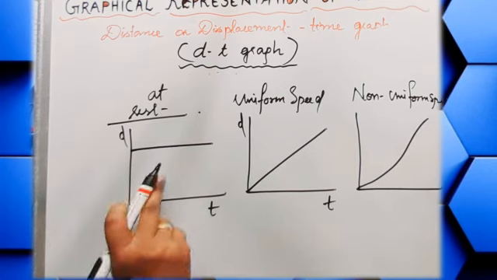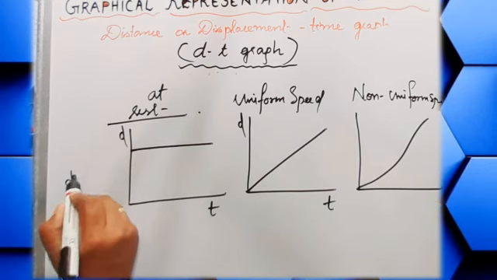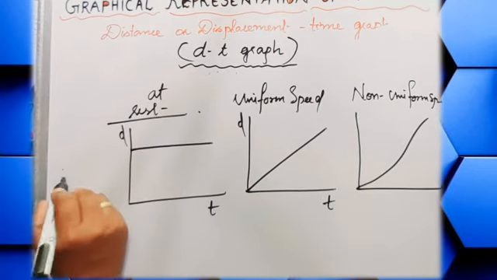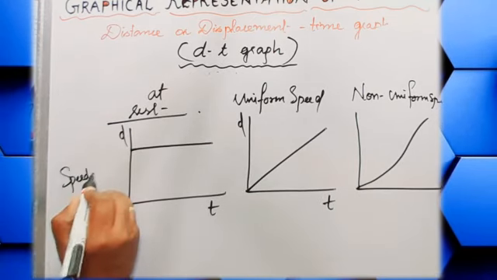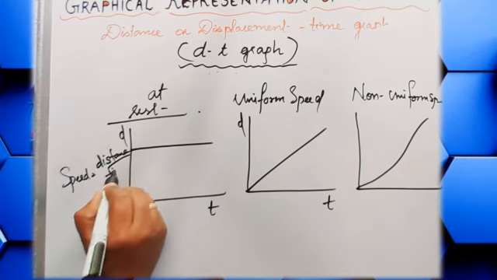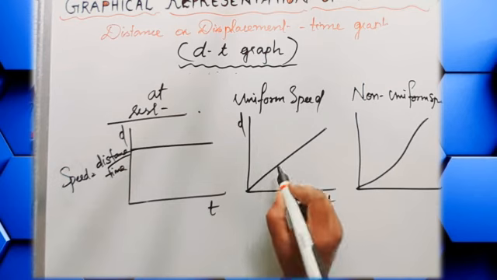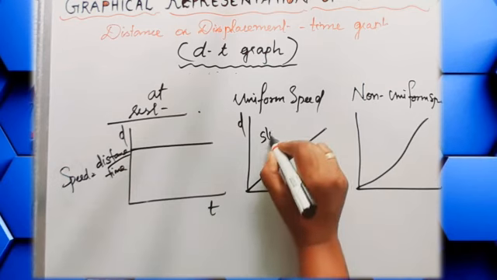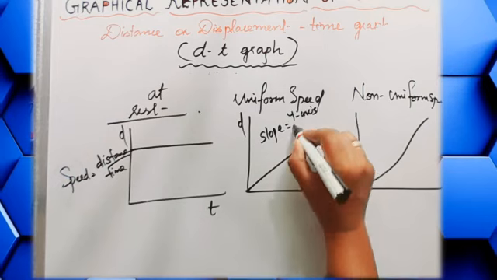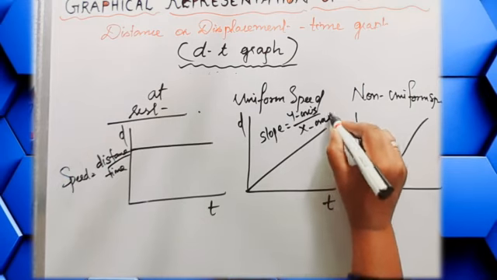In this condition, how can you find out the speed? Speed is equal to distance by time. You can find it with the help of slope, that is y-axis by x-axis.